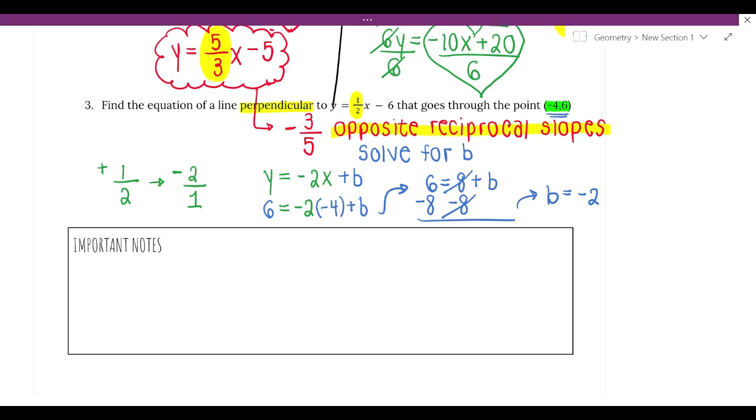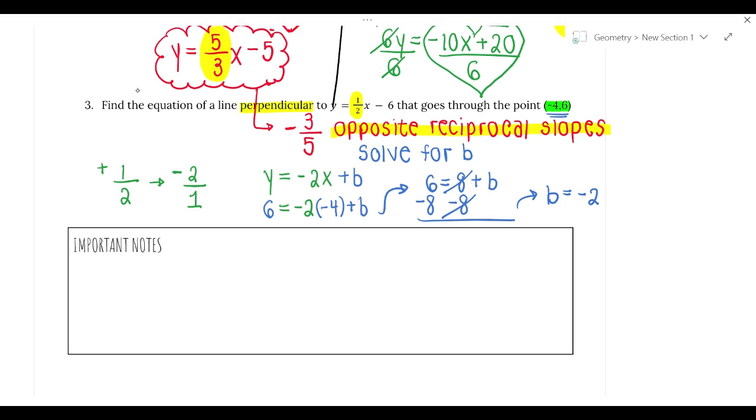Now putting it all together, I have y is equal to, this stays the same here, negative 2x. And I just found out that my y-intercept is negative 2. So this is the line that is perpendicular to the line y equals 1/2 x minus 6.